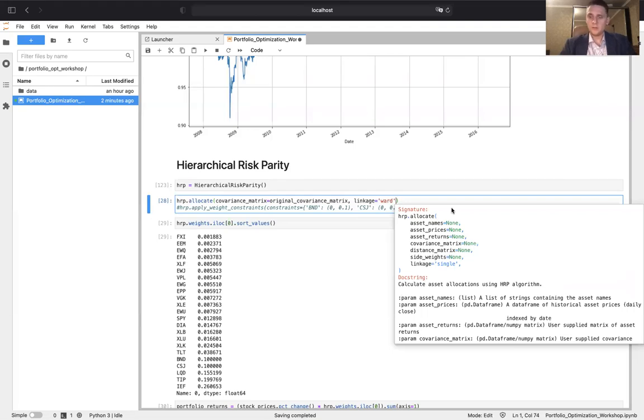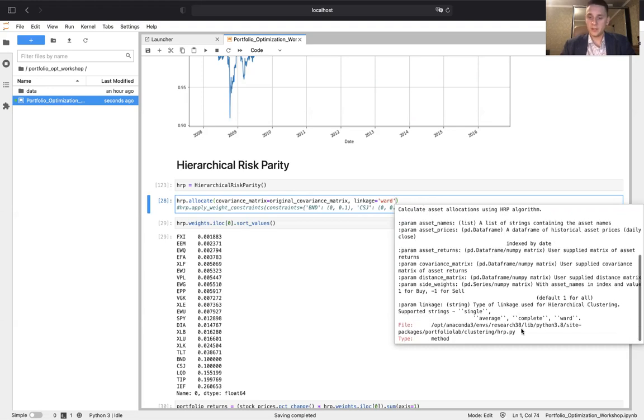Usually, I would suggest to go with a simple covariance matrix and to play around with a linkage, which can be either single, which is the original implementation, complete, average, or ward.